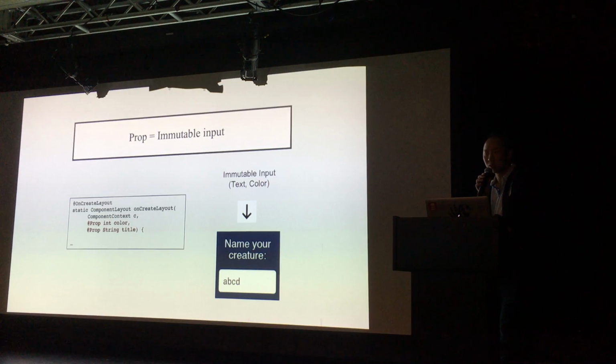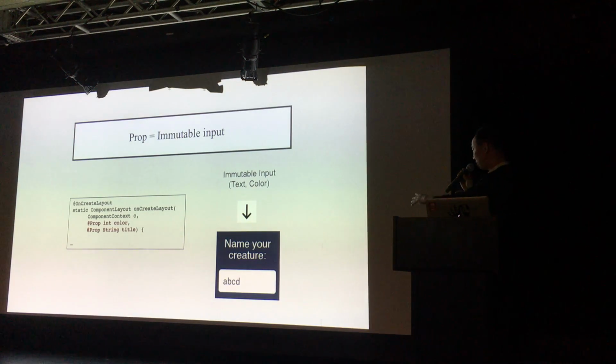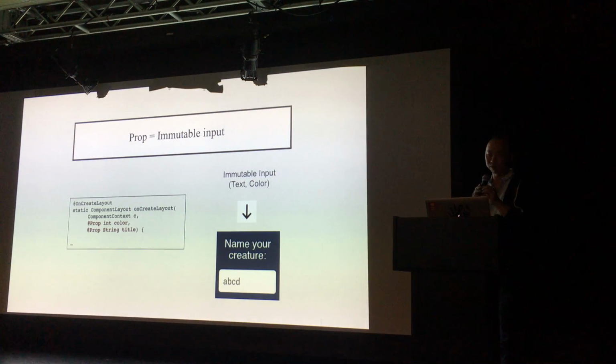In Litho's programming model, you pass in the prop values that you want as input to your functional programming model, and your output will eventually be a view. Think of a prop as the immutable input model, always. As you can see in the graphic, your input goes down one way, unidirectionally, and you can create any views that you want.